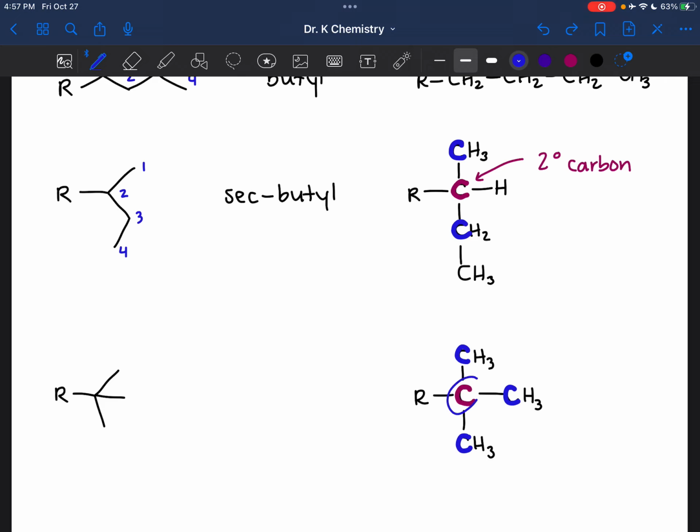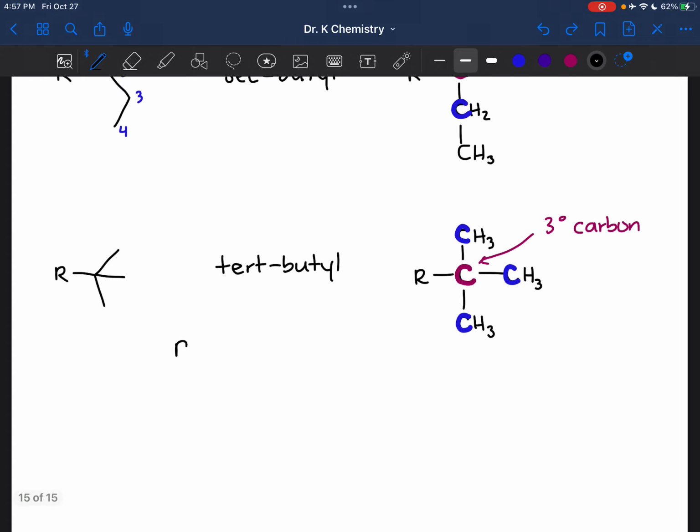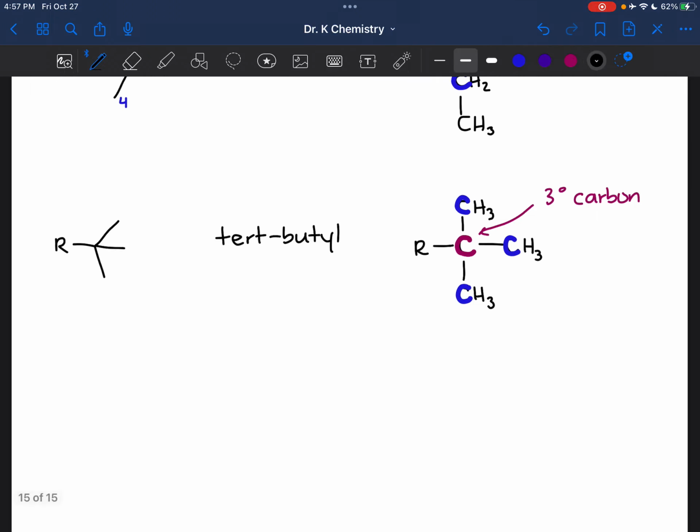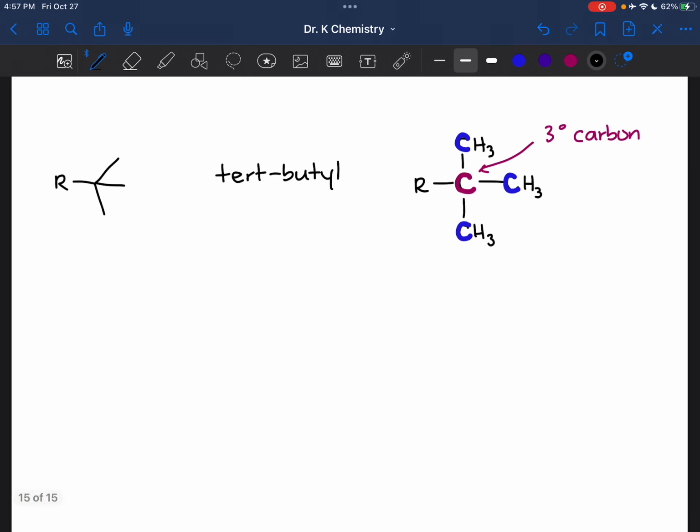That's not included when we're classifying this carbon in the middle. So this is a tertiary carbon. So we're going to name this very creatively tert-butyl. Tert for tertiary. Some students have told me that this kind of looks like a chicken foot. So sometimes I refer to this as a chicken foot substituent, if that helps you remember it. Don't write chicken foot on exams, but if it helps you remember it, then that's fun.